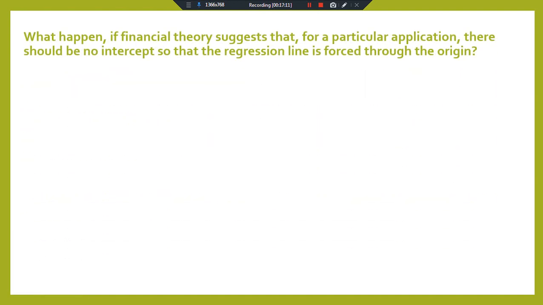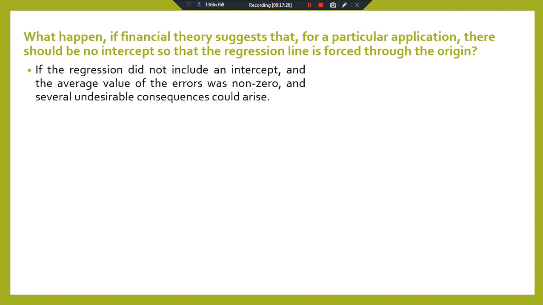So if some financial theory suggests that for a particular application there should be no intercept or constant, so that the regression line is forced through the origin. Okay, if the regression did not include an intercept and the average value of the error was non-zero, keep it in mind, under this condition you cannot apply OLS, and there are several undesirable consequences.